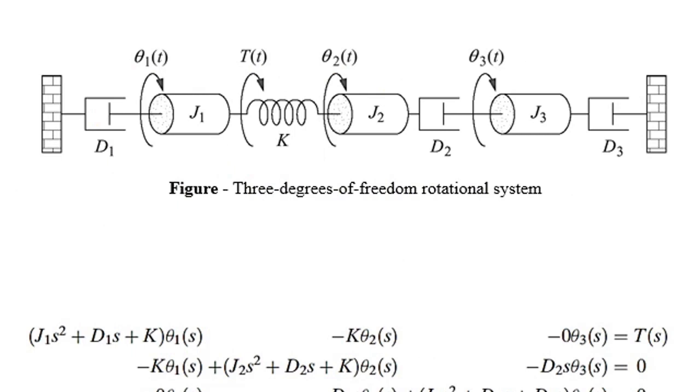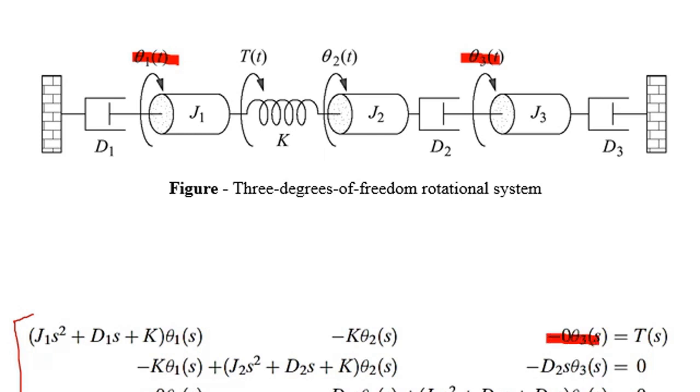Dear students, now we will use generalized form studied in previous slide to find out equations for this system. Using generalized form, we have 3 equations for this system. If you see, there is no common component between the motion point theta 1 and third test point theta 3.